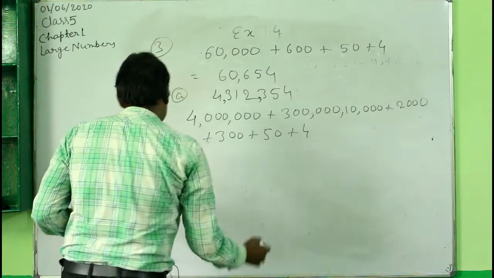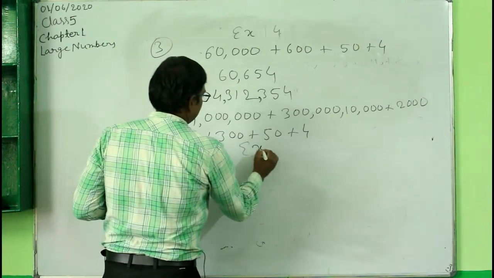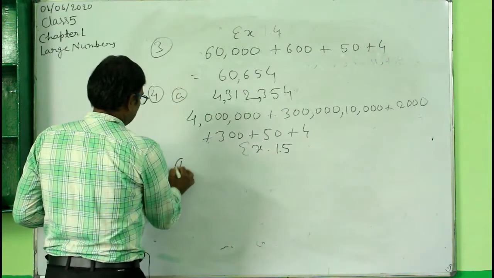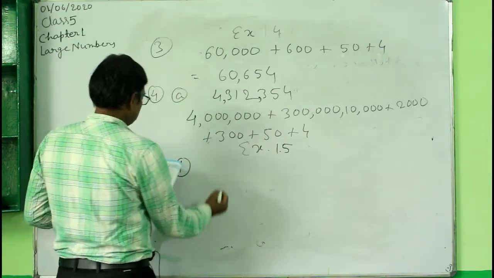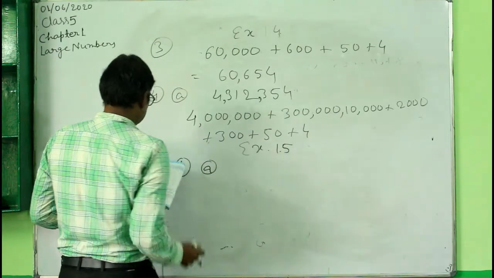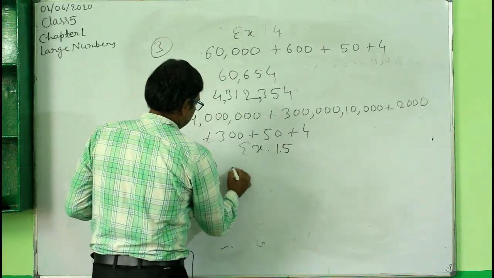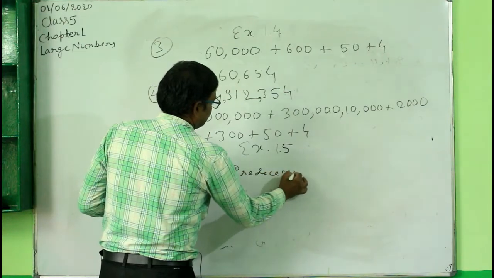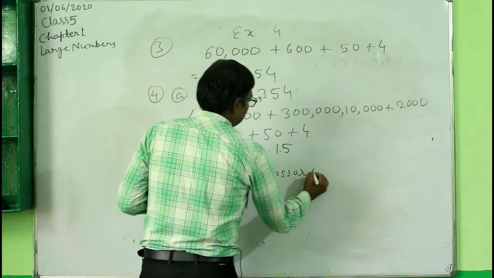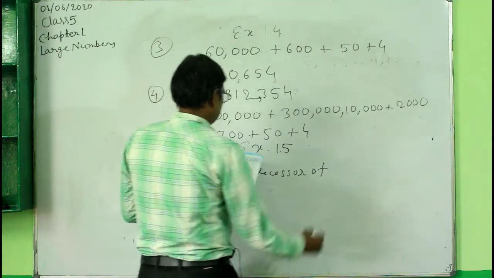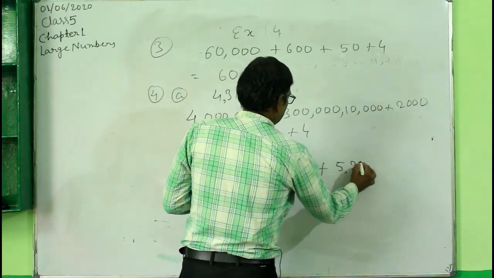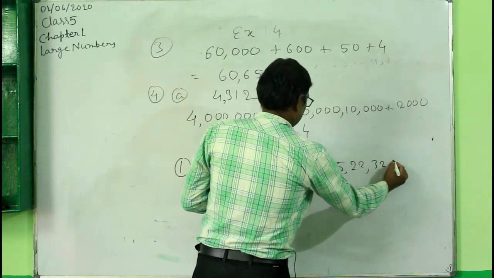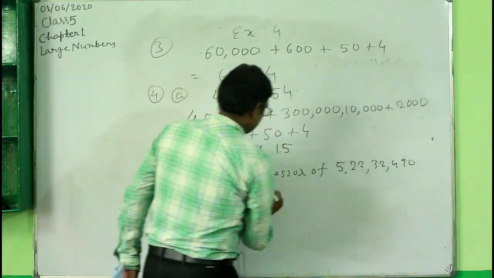In this exercise 1.5, question number 1 is to find the predecessor. Question A: the predecessor of 5,22,32,490 will be equal to how much?